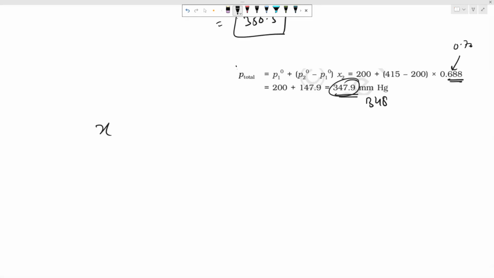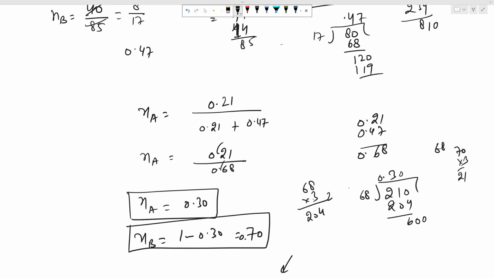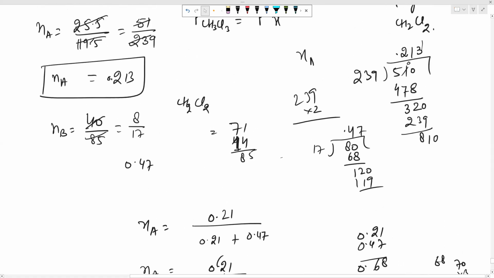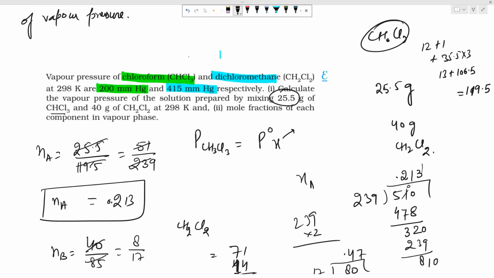The mole fraction is represented by XA. XA is equal to the number of moles of A divided by the number of moles of A plus the number of moles of B. The number of moles of A is equal to the given mass of A divided by the molar mass of A. The given mass of A is 25.5, and the molar mass of CHCl3 is 119.5.